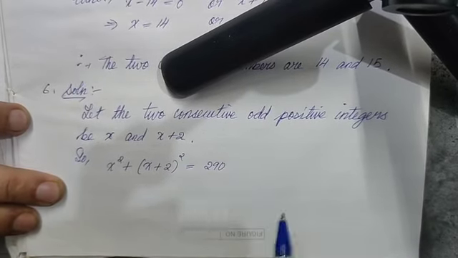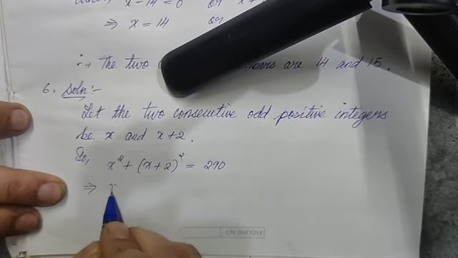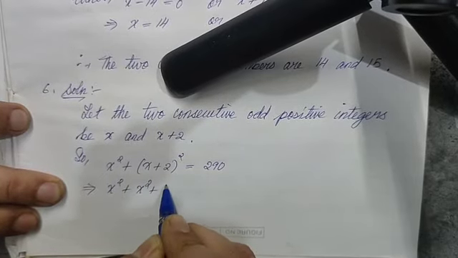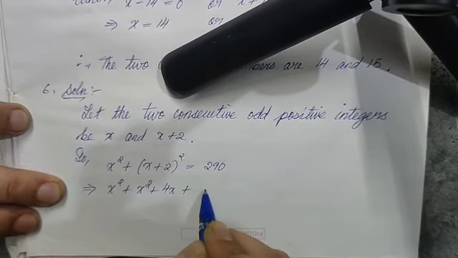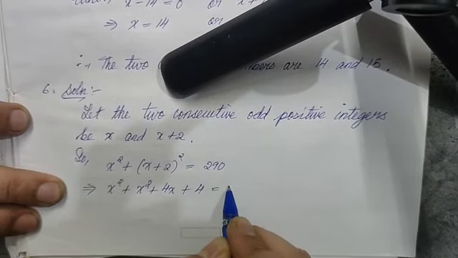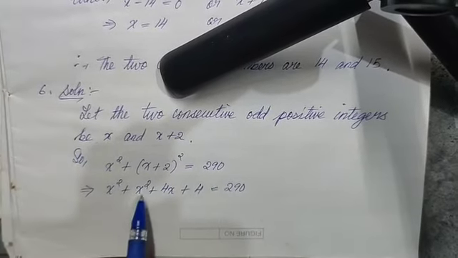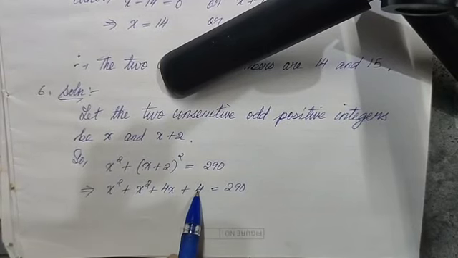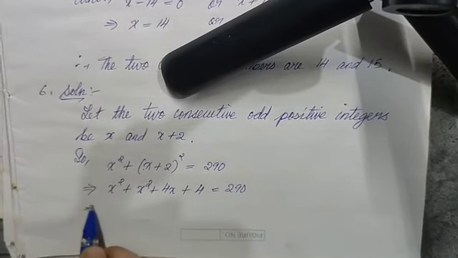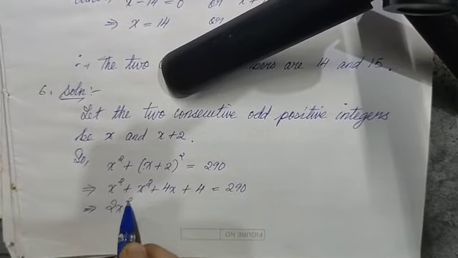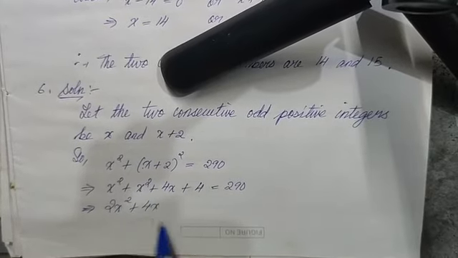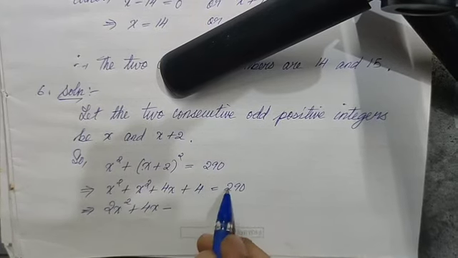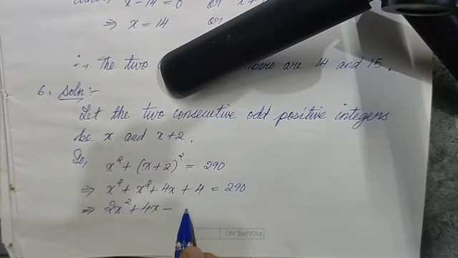Using a square plus 2ab plus b square: x square plus x square is 2x square, plus 2 into 2x which is 4x, plus 2 square which is 4, minus 290, equal to 0. 4 minus 290 is minus 286.